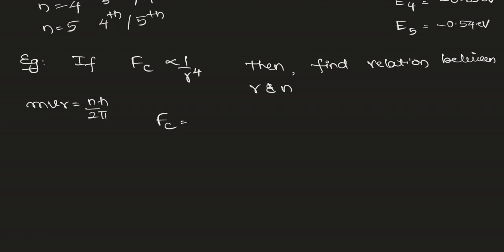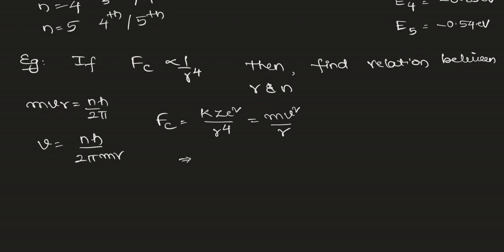So according to this question, Coulomb force is given as kZe square by R power of 4. This must be equal to mv square by R. But as we have v is equal to nh by 2 pi mR, from this equation I can write kZe square by R power of 4 is equal to m by R into n square h square by 4 pi square m square R square.